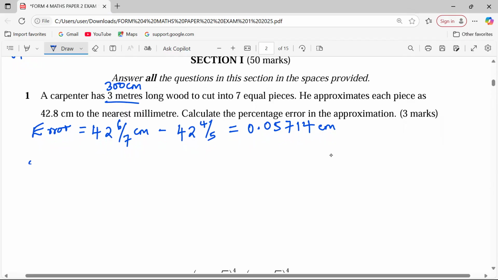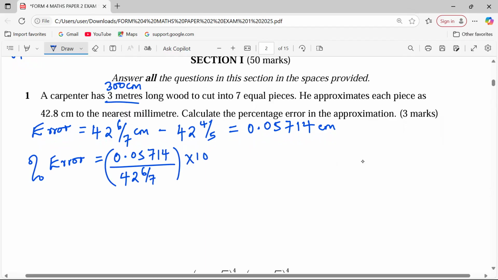So for us to get the percentage error, now we need to take the error, we divide it by the actual value. Then this one we multiply by 100 for us to get the percentage error.